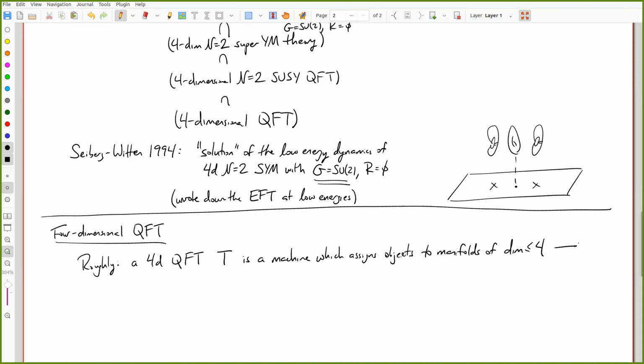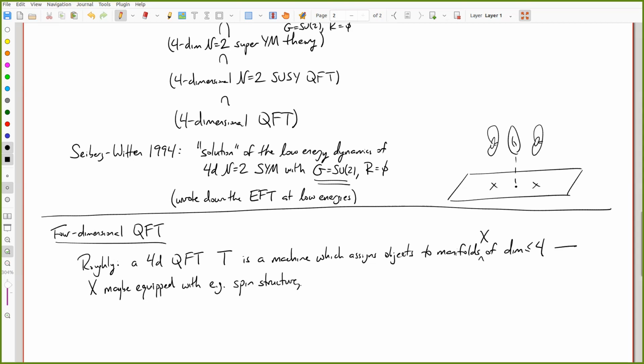And these manifolds may be equipped with additional structure. They usually are. Okay, so I'll call the manifolds X. The input to this machine is a manifold, but it may be equipped with something. It might be equipped with a spin structure.